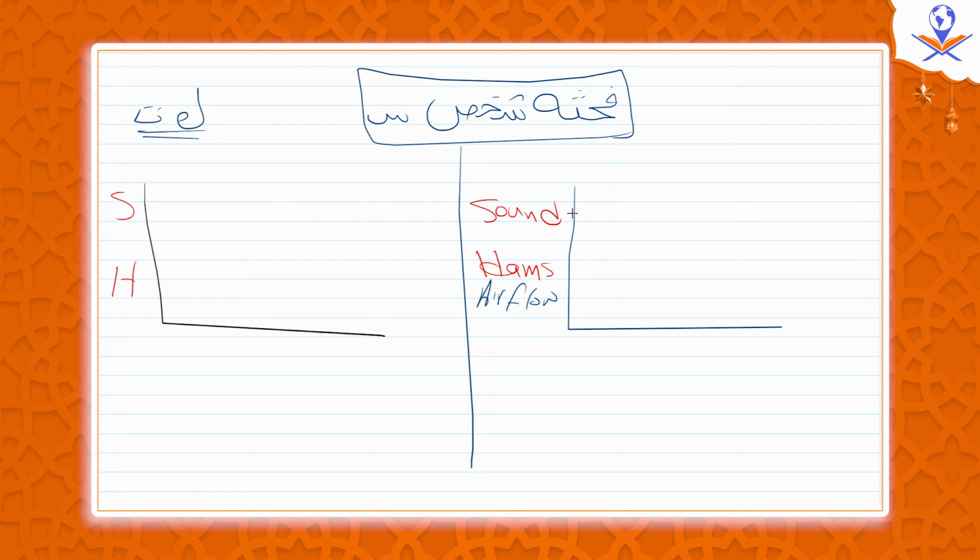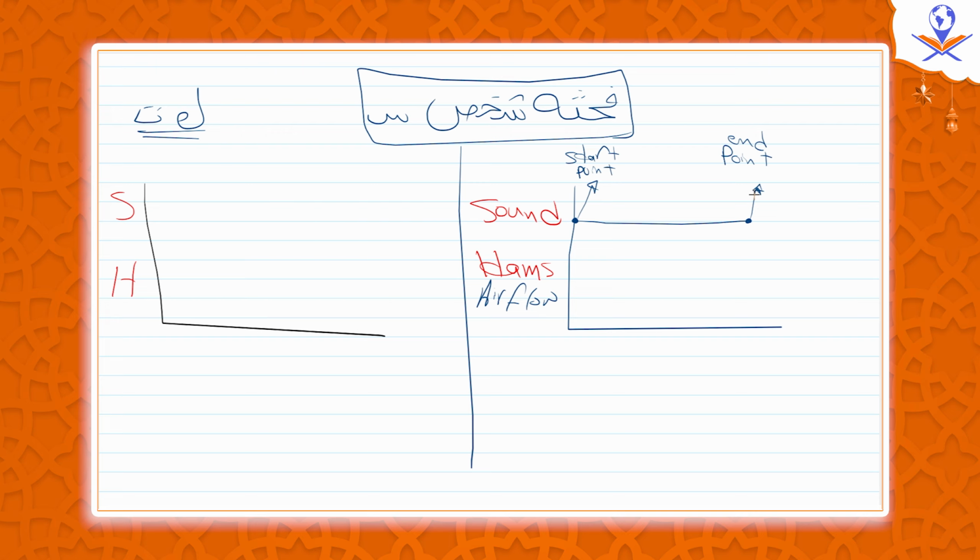So when I start pronouncing the letter till I finish pronouncing the letter, this is the start point and this is the end point. It's very important to understand this.